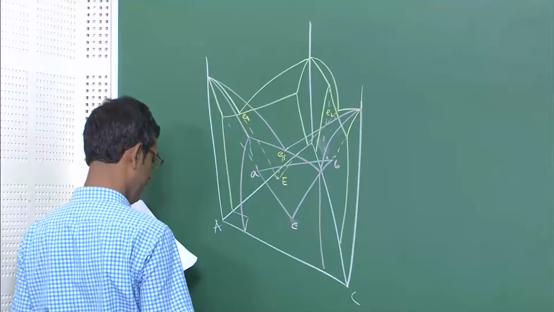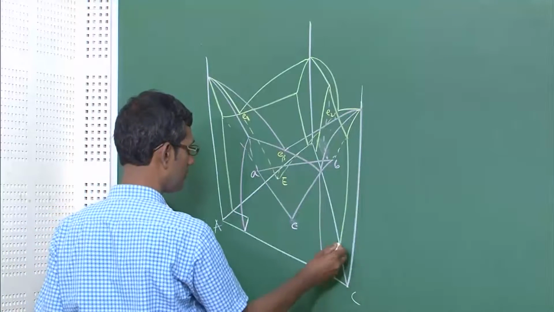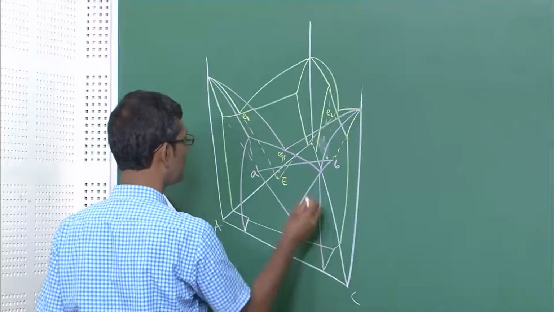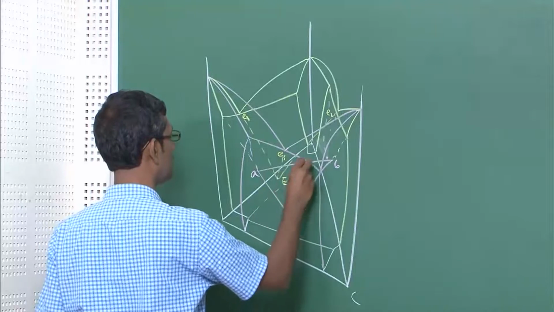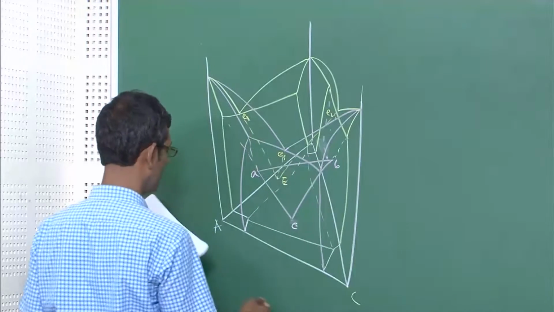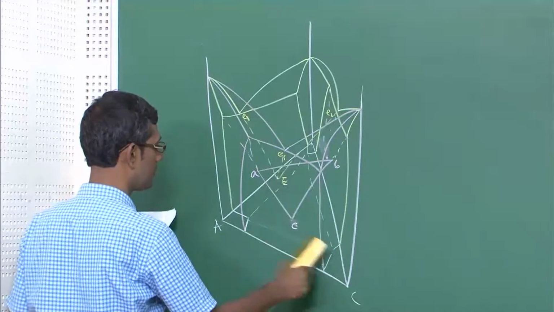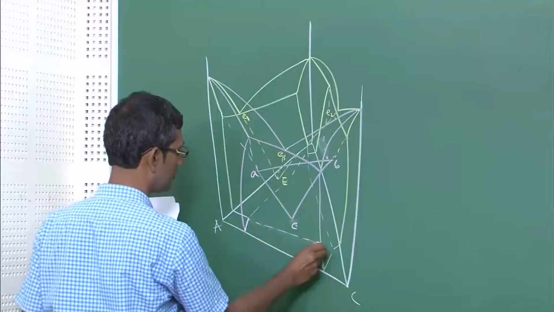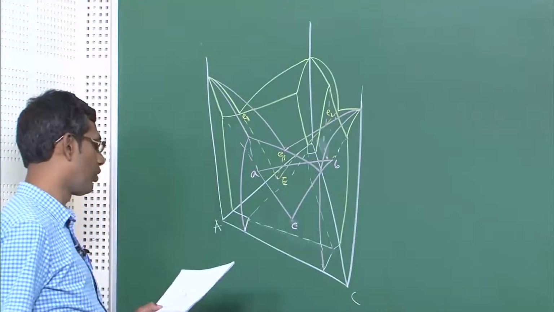We draw by white chalk. It is better to draw by dotted line. That is how our ternary space model will look like.